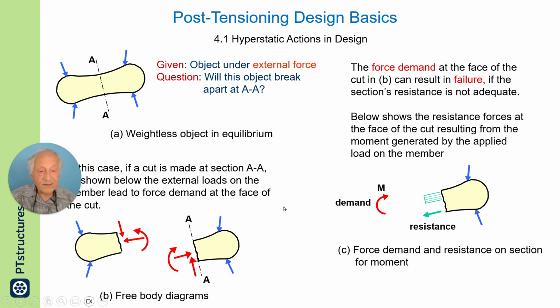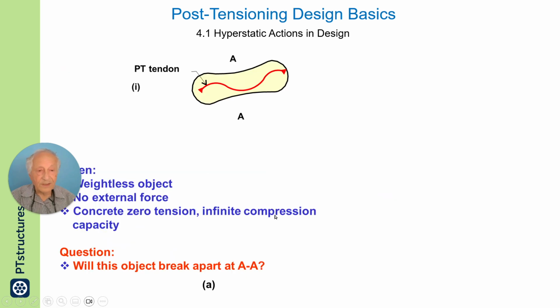So your answer is, in this case, when I have forces acting on the cut section, even though the entire member is in equilibrium, the section cut may not be, therefore I require a resistance here for encountering the demand.